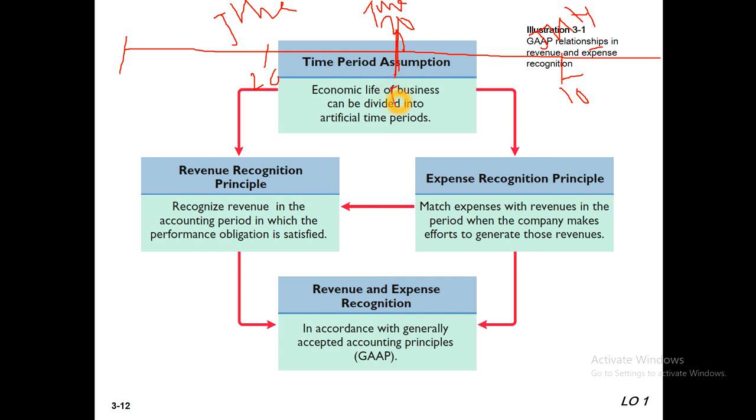Basically we are preparing our income statement, number one, and number two, our balance sheet. This is very important. In June 20, we recognize revenue in the accounting period in which the performance obligation is satisfied.